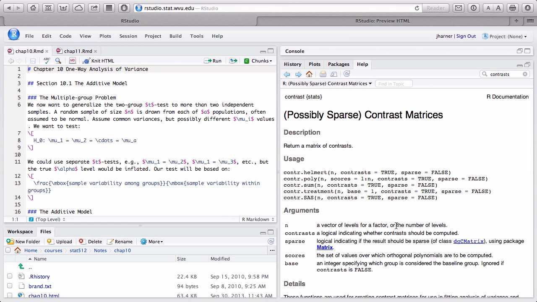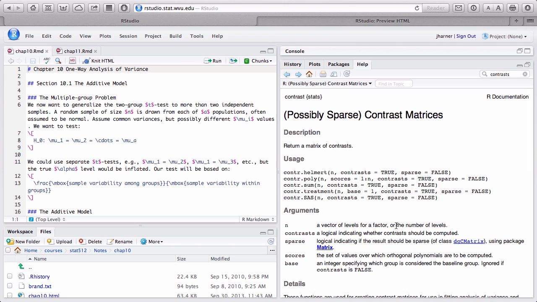These are the choices. Contrast.helmert. We'll talk about contrast.poly later. That's for orthogonal polynomials. I'm going to show you how you can do more general orthogonal contrasts. I'll show you a way you can do it.